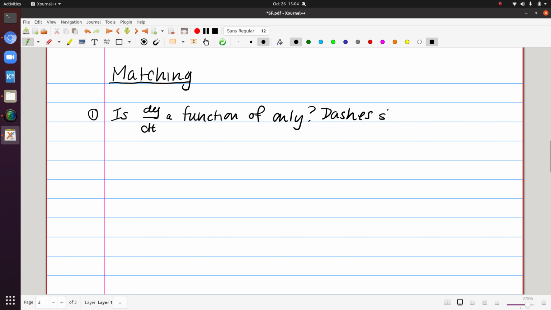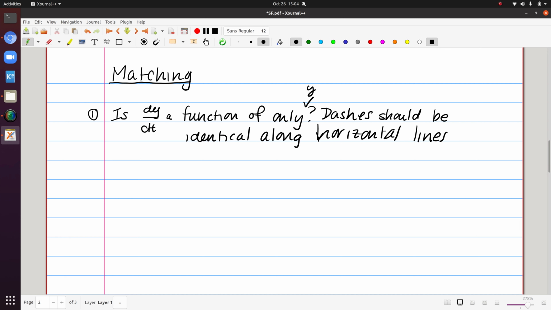So dashes should be identical along horizontal lines. So if I fix my value of y, I'm saying as I move along that horizontal line, I have the same y value, then every dash should be the same.